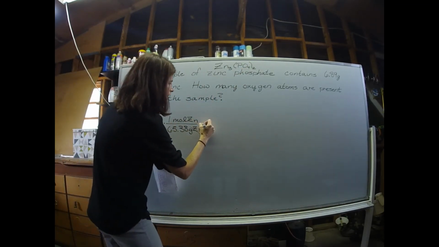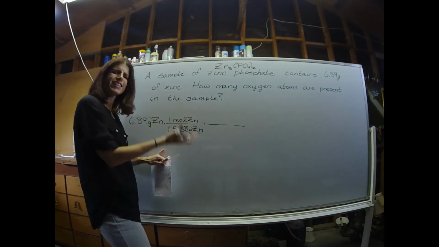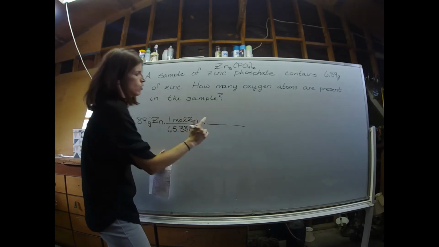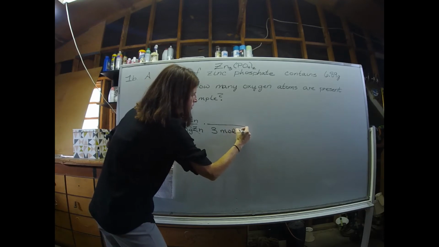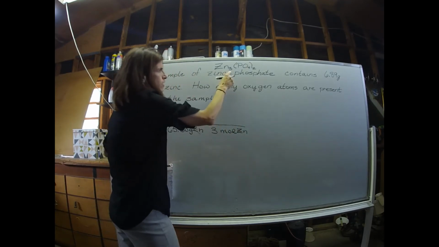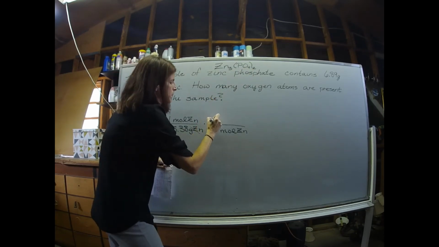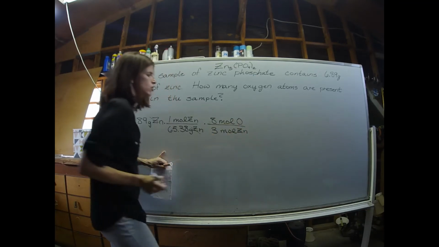So let's do that. Lots of options though. If you go a different route and get the same answer, then be confident about your approach. So here we have 3 moles of zinc and then the 3 coming from the formula. And I'm also going to grab an 8, 2 times 4, 8 moles of oxygen from that same formula.